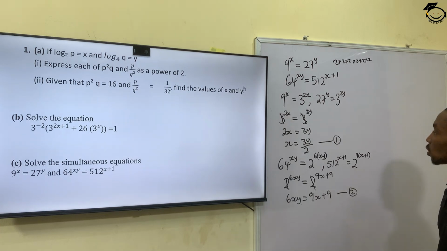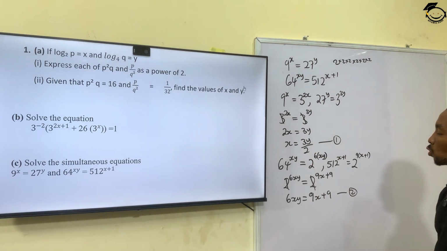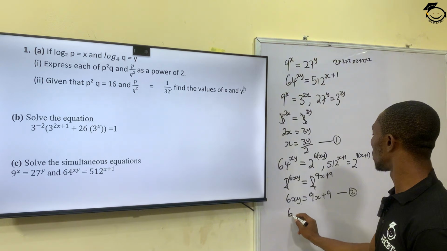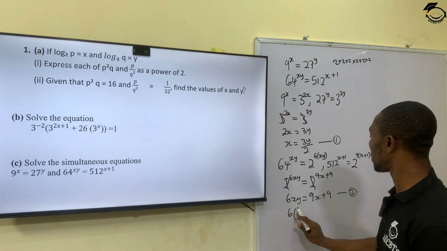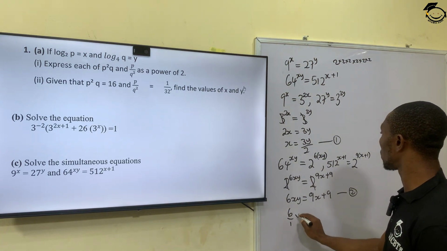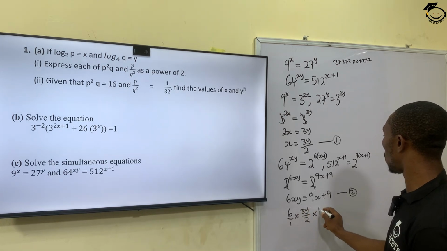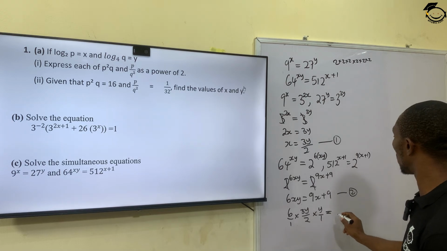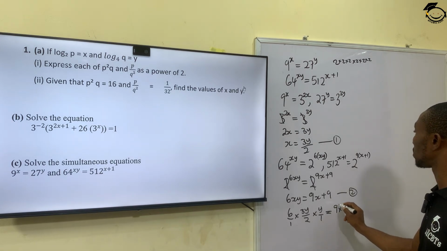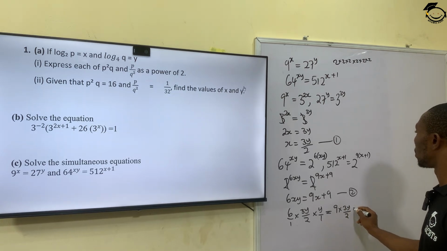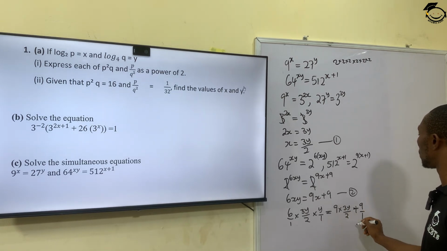Now, from here, substituting our value of x in equation 1 into equation 2, we would have 6 over 1 times 3y over 2 times y over 1 equals 9 times 3y over 2 plus 9 over 1.